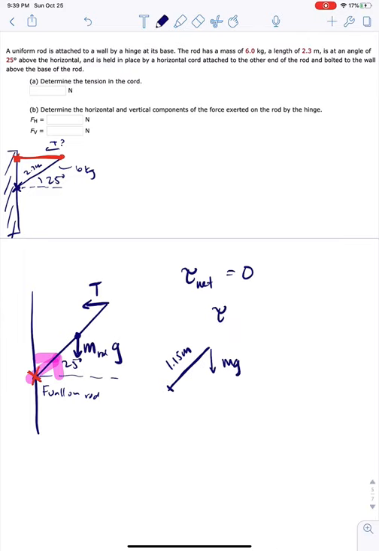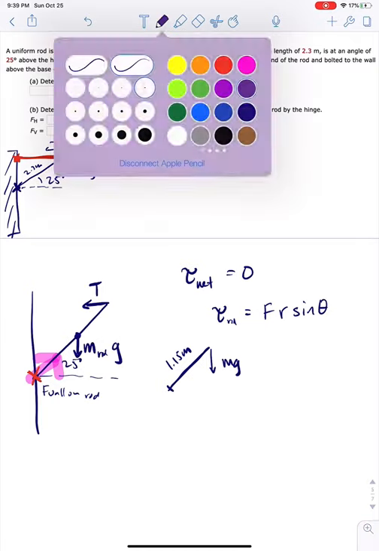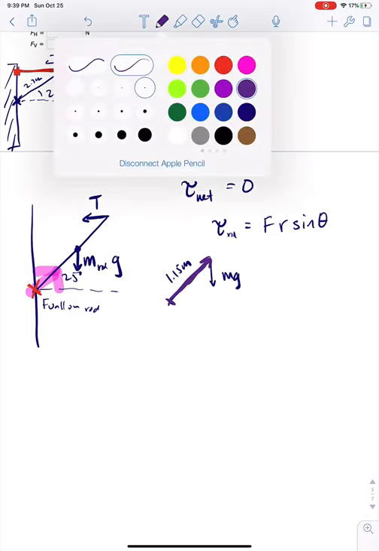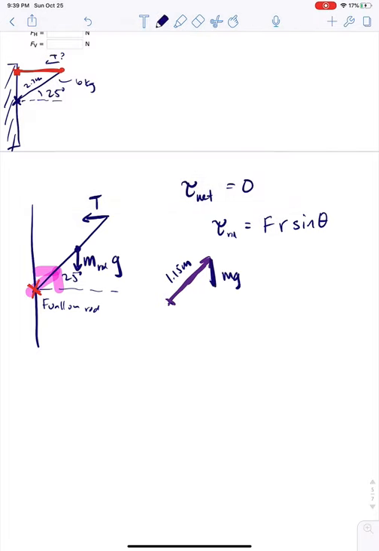So our torque from the rod is F r sine theta. So let's see, we've got our radius vector. Remember that's our radius to our axis of rotation, which is here. So that looks like this. Then our force vector is this one. So this is our angle theta here.